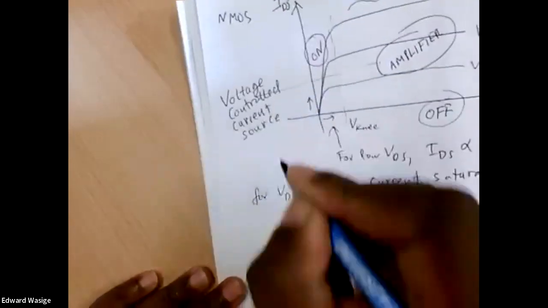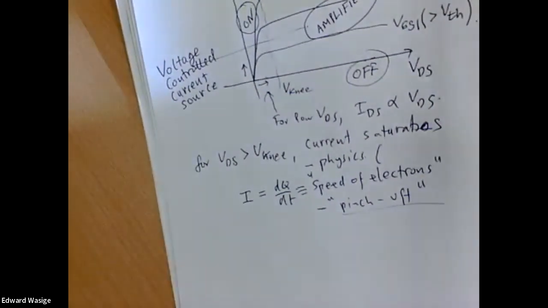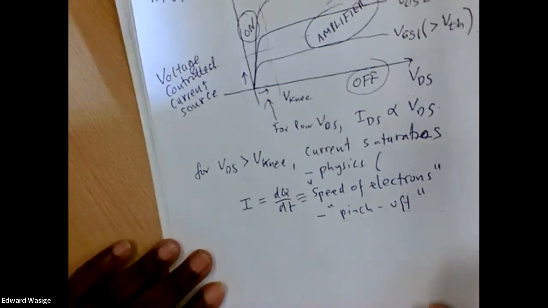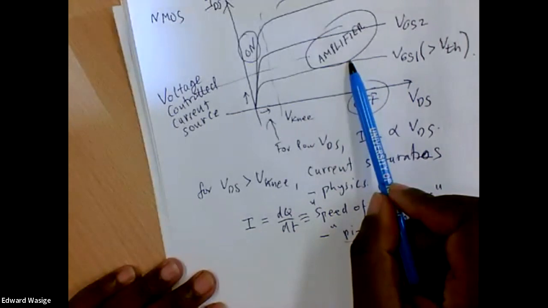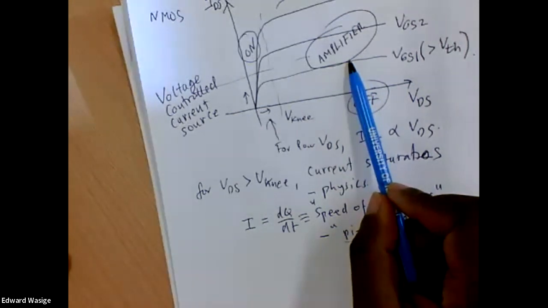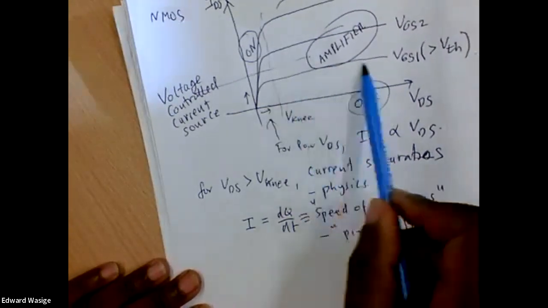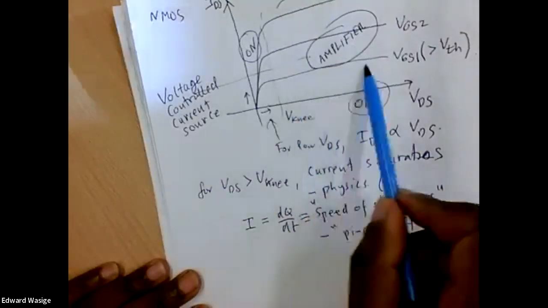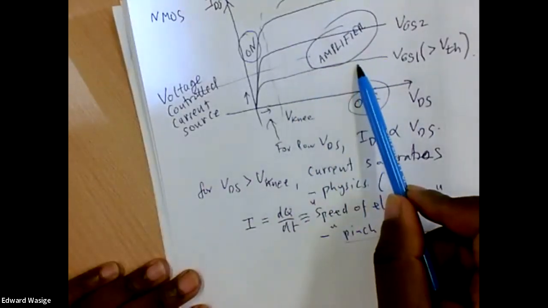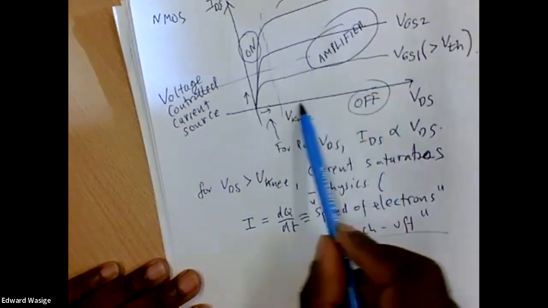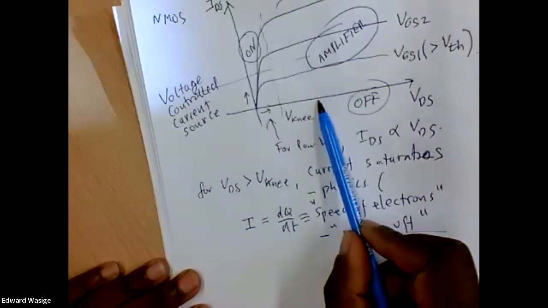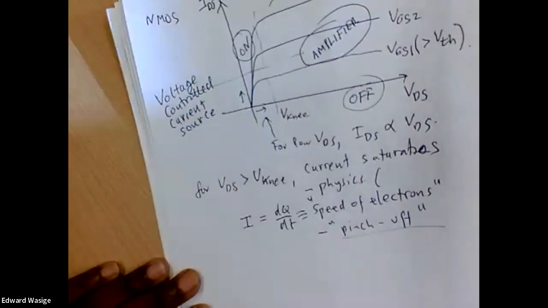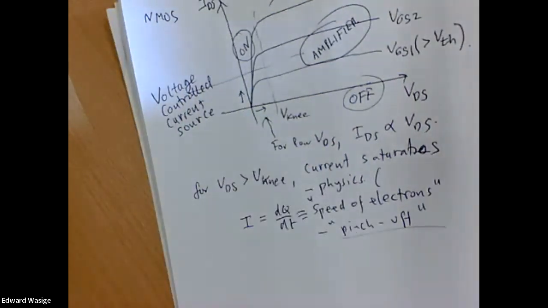For those of you with an EEE electronics background, you know what a current source is: it gives a certain current irrespective of what's connected to it. And this transistor always gives this current. It doesn't matter what the voltage across the device is or what we've connected it to. So it behaves as a voltage controlled current source.